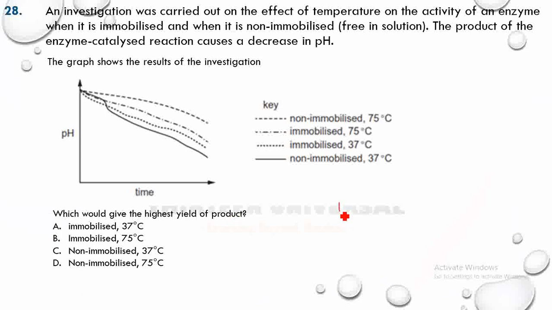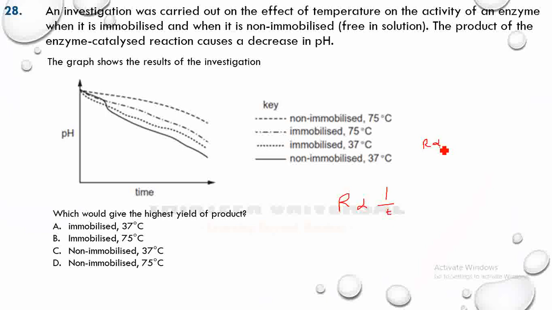Don't forget that rate of reaction is inversely proportional to time. And of course, as the rate of reaction increases, pH decreases.